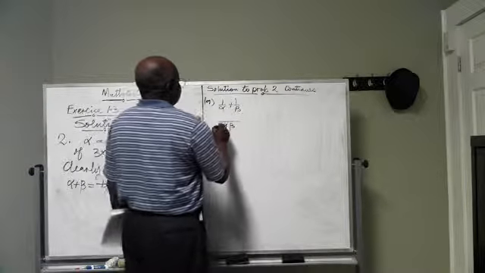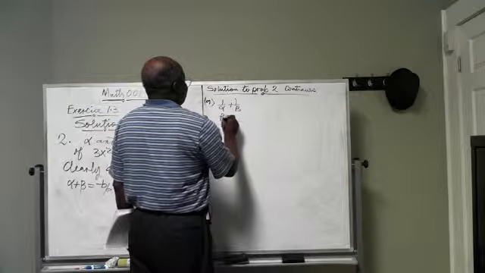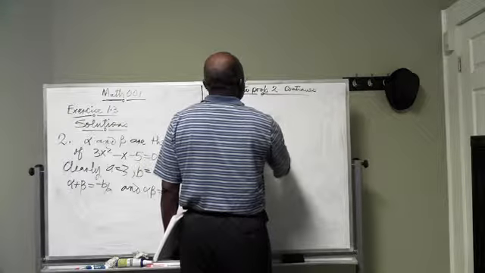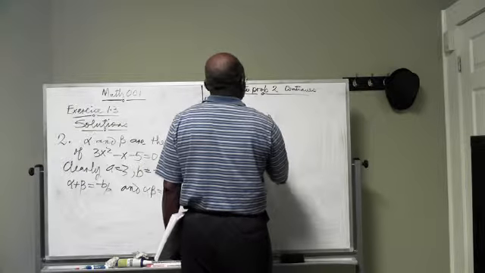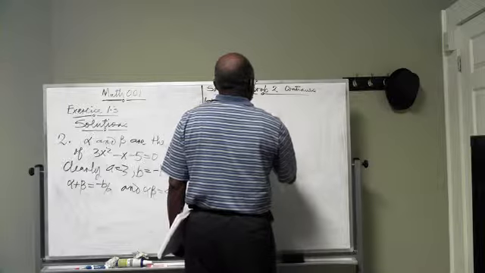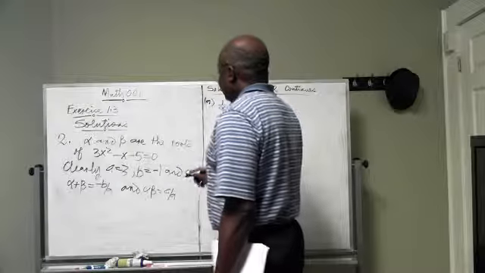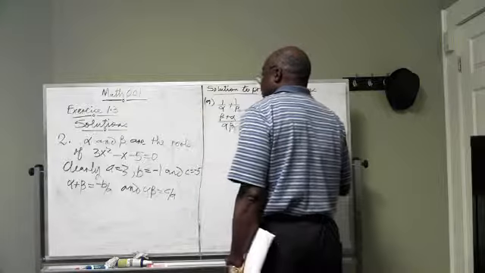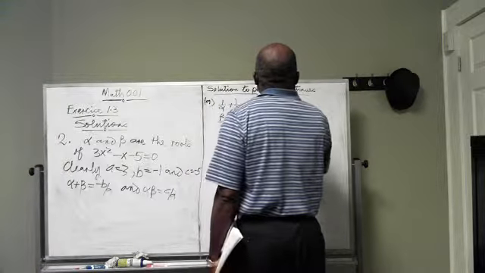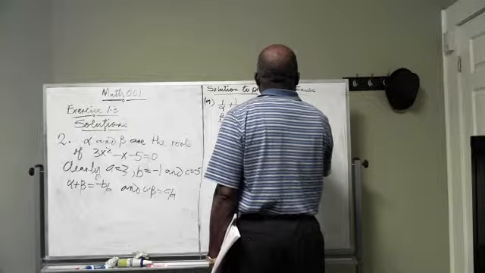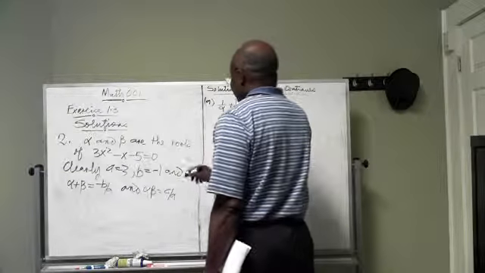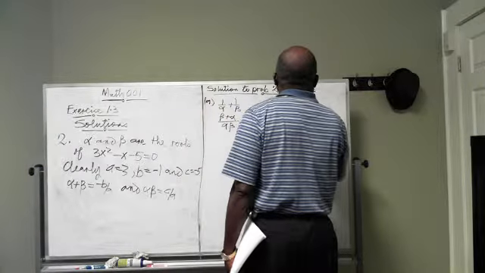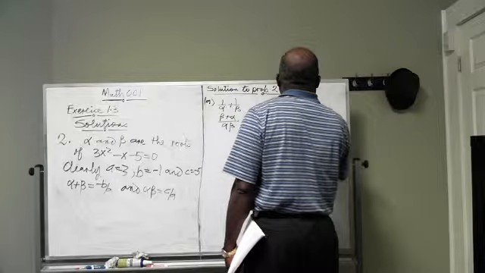So this yields beta plus alpha, which is equivalent to alpha plus beta, all over alpha beta. And we know clearly here that alpha plus beta is equal to minus b over a. So this will give us minus b over a all over alpha beta, which is c over a, which gives us minus b all over c.